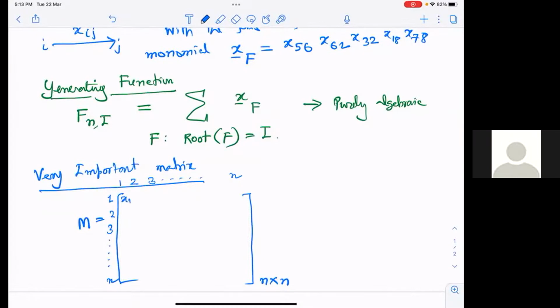Yeah, it's difficult to write. I think I should have drawn a bigger picture. It's x11.